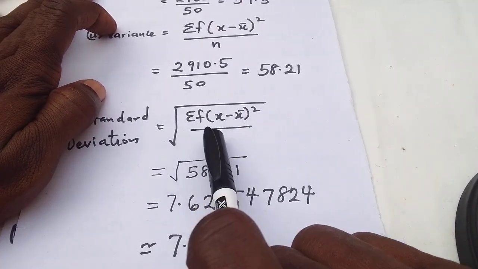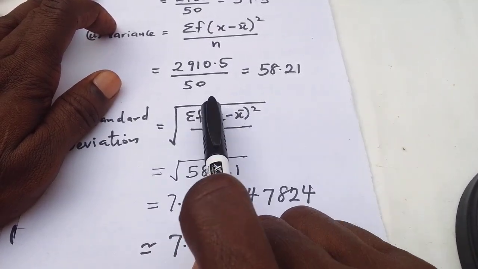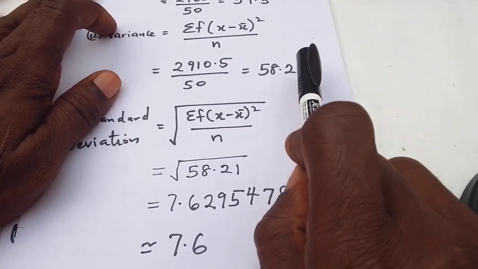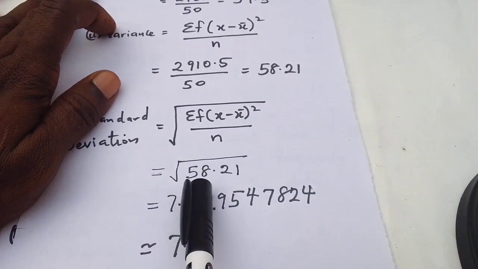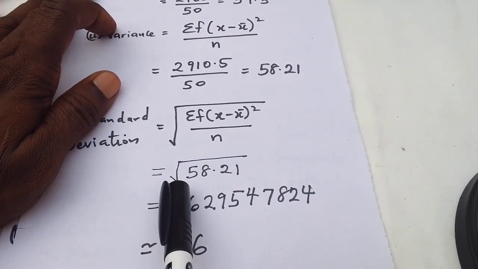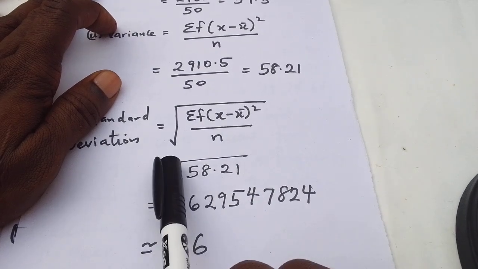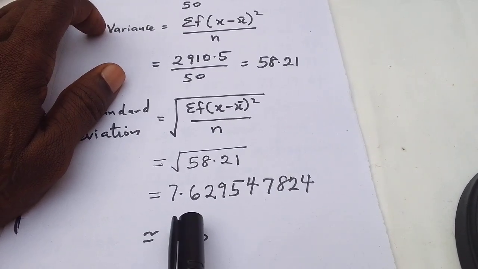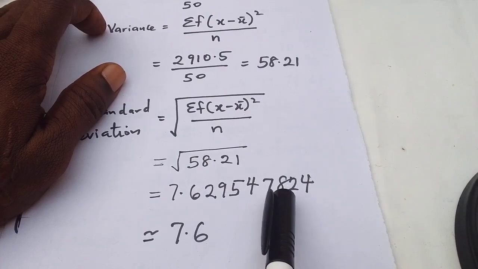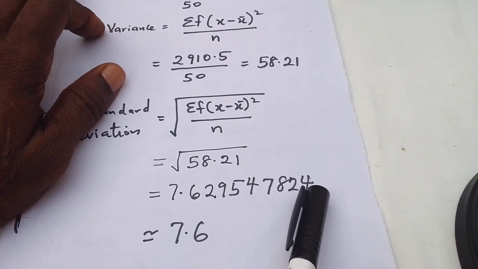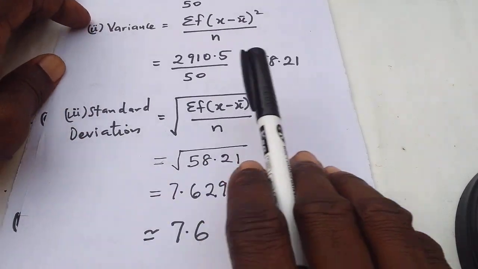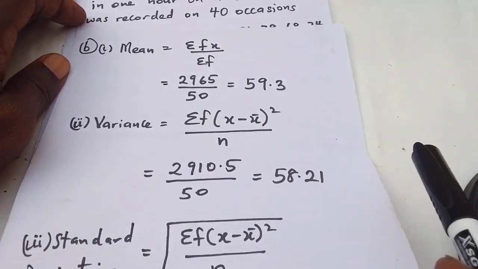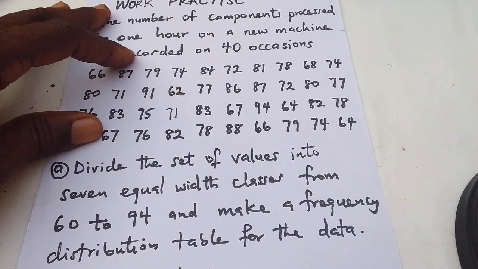We've been able to calculate the variance to be 58.21. So you just substitute the value for the variance here and find the square root. When you find the square root of 58.21, you are going to get 7.629. So to one decimal place, we give you 7.6.